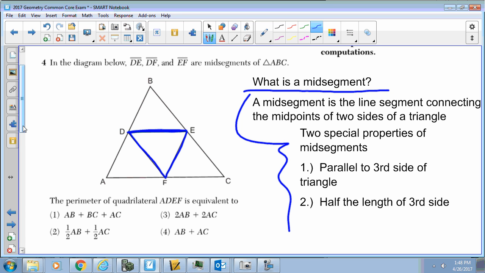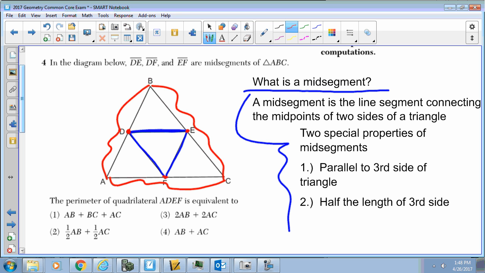A mid-segment is the line segment connecting the midpoints of two sides of a triangle. So DE is connecting the midpoints of BA. D is a midpoint of this side, and E is a midpoint of this side, and then F is the midpoint of this side. So that's what a midsegment is.